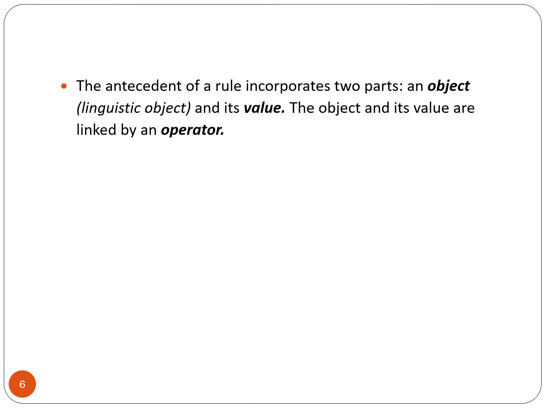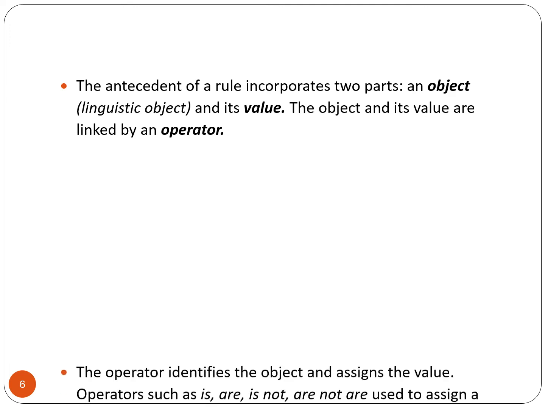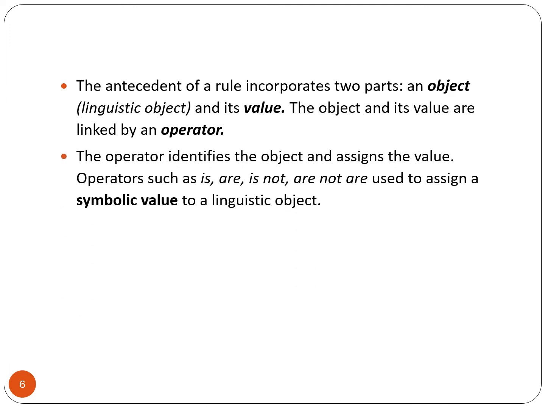The object and its value are linked by an operator. So what kind of operator can we have? The operator identifies the object and assigns the value to it.